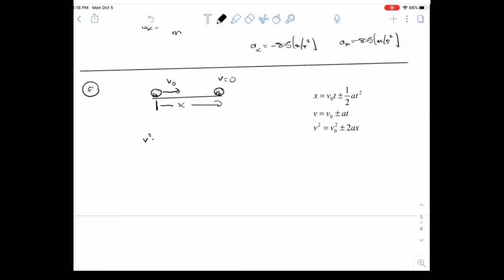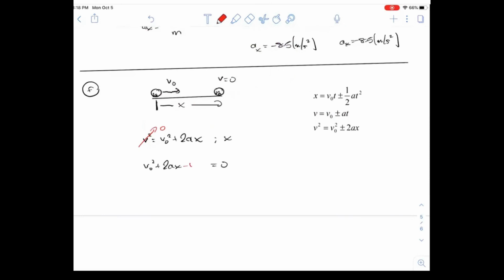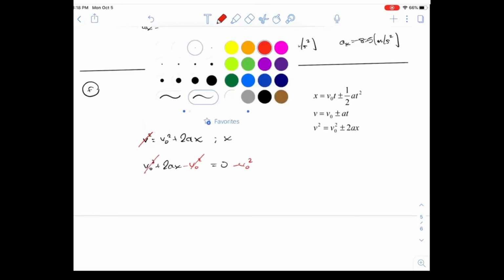All right, so square of the final speed equals square of the initial speed plus 2 times the acceleration times x. If you have any zeros, plug in the zeros before you're doing the algebra. All right, so I'm going to subtract the initial speed squared from both sides. These two will add up to 0.